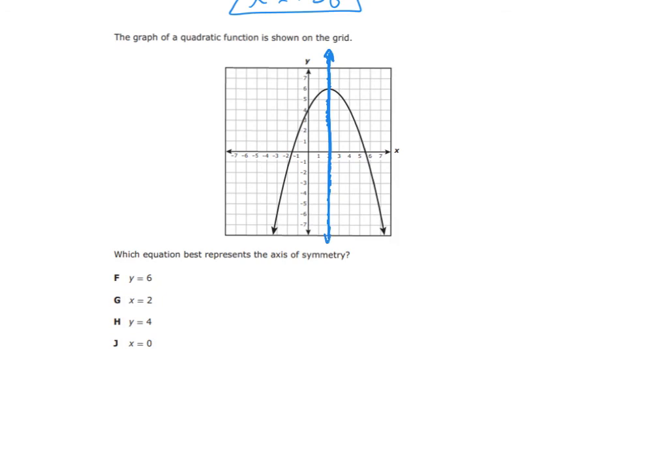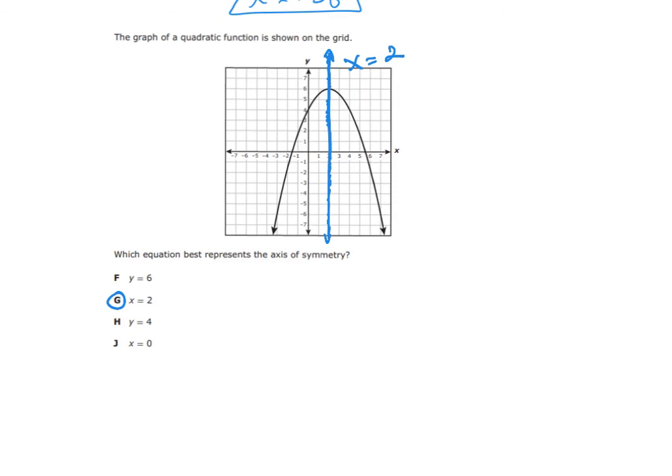We know the line passes through 2, like x equals 2 right here, right? So x equals 2 will be our equation of the line of symmetry, and that's the line that cuts the graph into two parts, as you can see, as a mirror, right? And the answer will be G, which is x equals 2, right?